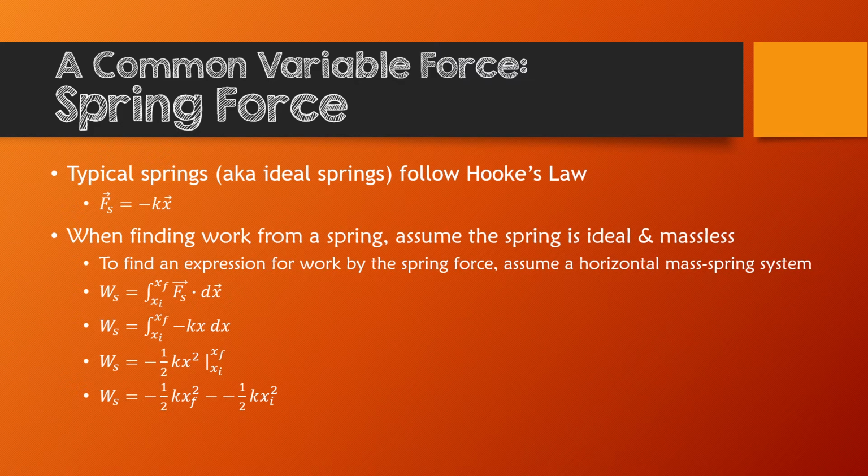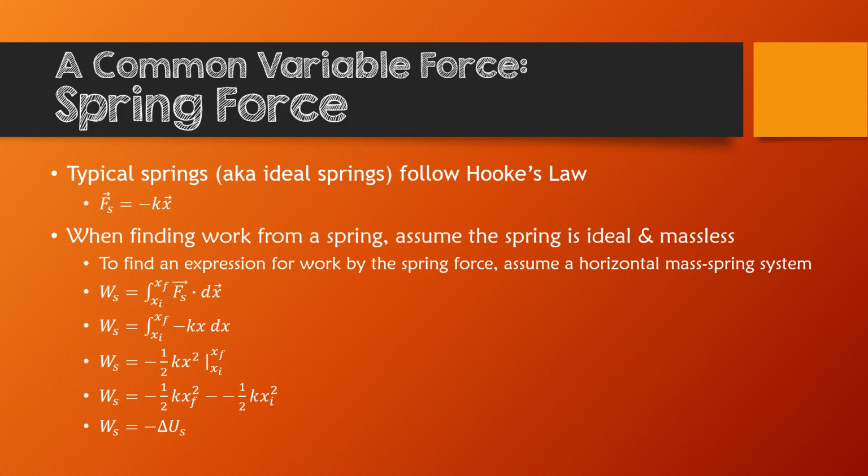So we always plug in that final position first and then subtract what we get when we plug in the initial position, as you see here. And we happen to know that 1/2 kx squared is our expression for elastic potential energy for a spring. So we can say that the work done by the spring is equal to the negative change in elastic potential energy.